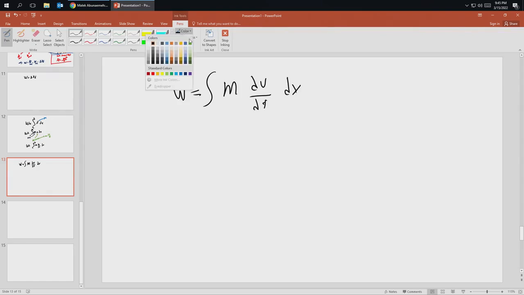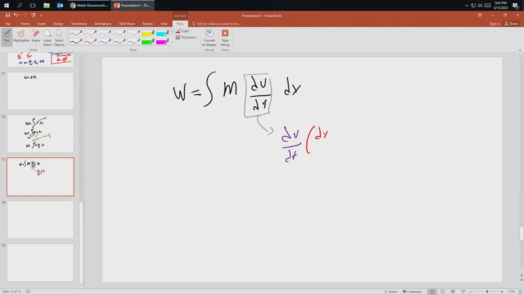All right, let's take this little dv over dt for a second. Let's go ahead and multiply it by 1, and in specific, let's multiply by dx over dx, and rearrange it a little bit.